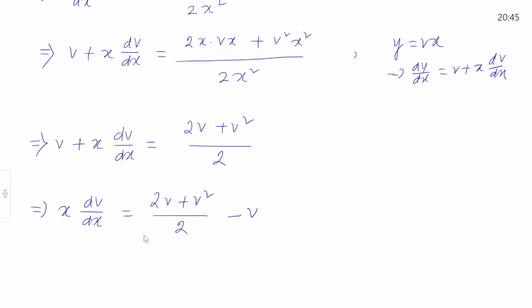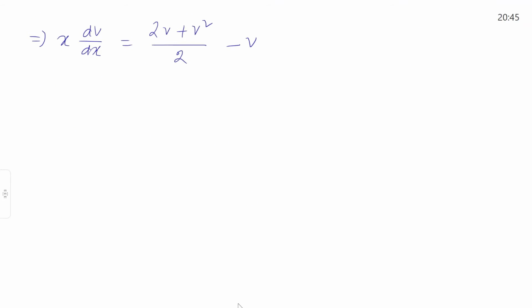So take the LCM on the right hand side. This implies x into dv/dx is equal to 2v plus v square, I have directly written. So taking the LCM, your 2v will cancel, it is simply v square by 2.